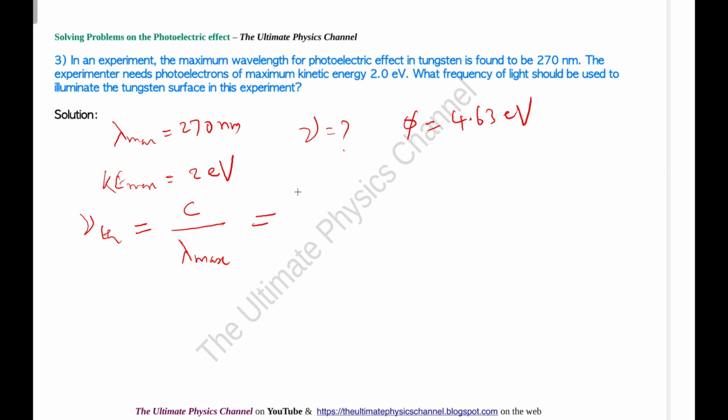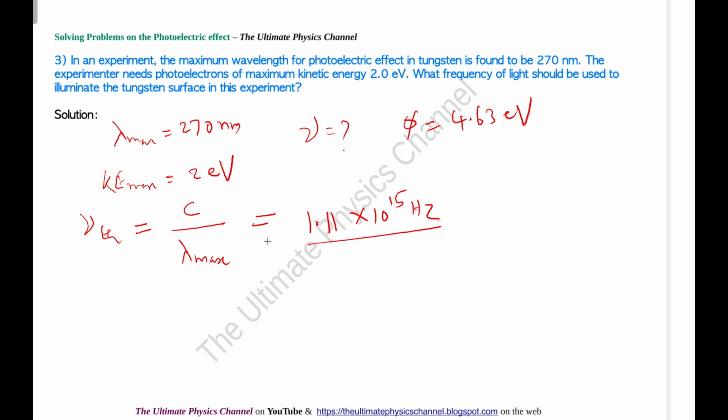This if you do, you would get 1.11 times 10 power 15 hertz, right?